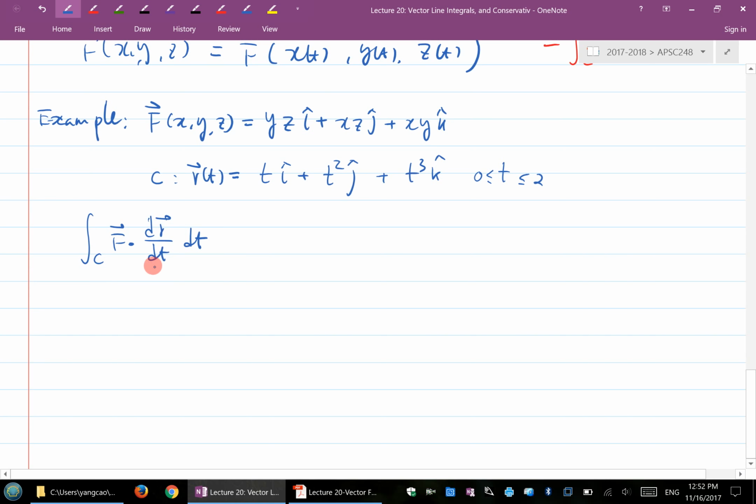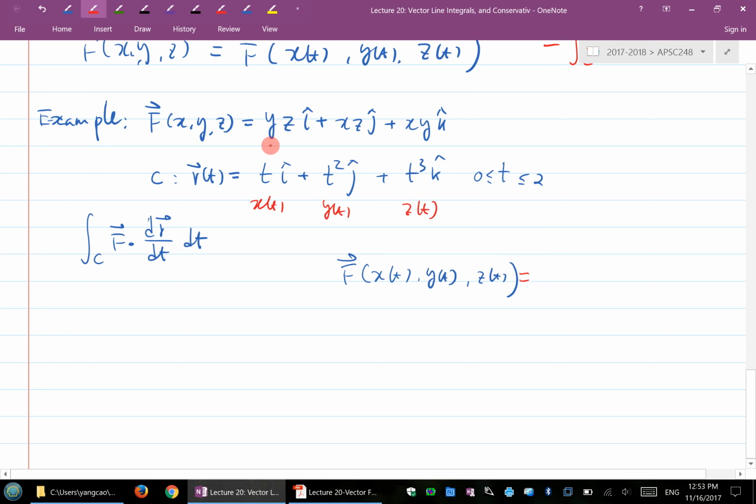Instead of directly jumping into this one here, I'm going to write things slightly in components first, and then put them together. First of all, what do you do with this vector function f here? Remember, you replace your x, y, z with x of t, y of t, and z of t from the parametric equation. If you do the replacement, what do we get?